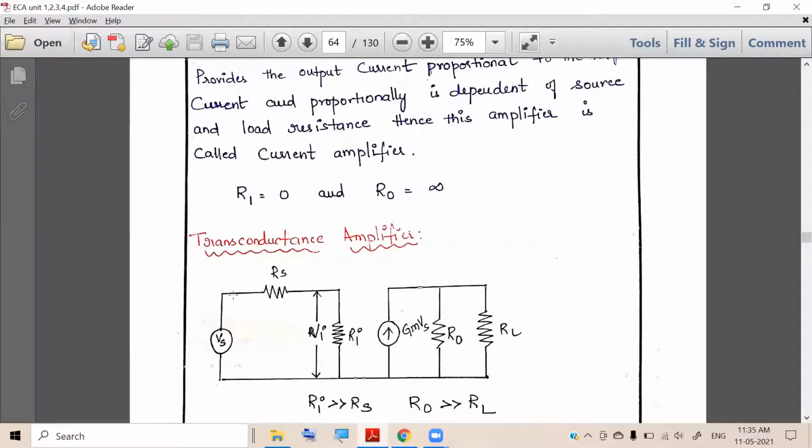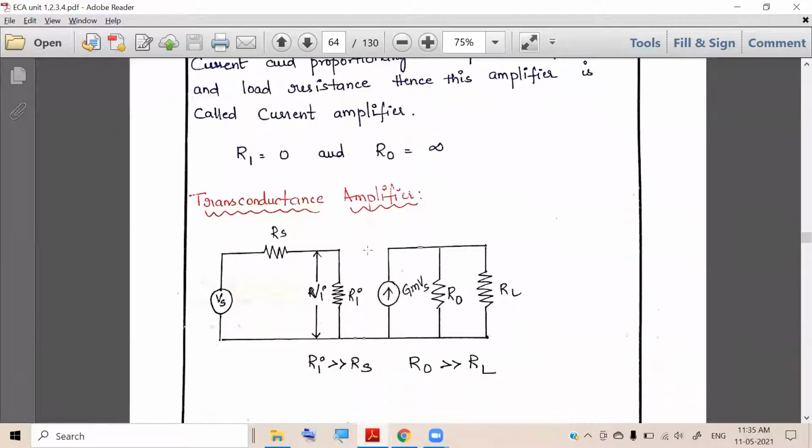Such an amplifier is where input we are giving voltage and output we are getting current. The amplifier in which input we are giving voltage and output we are getting current is the transconductance amplifier.